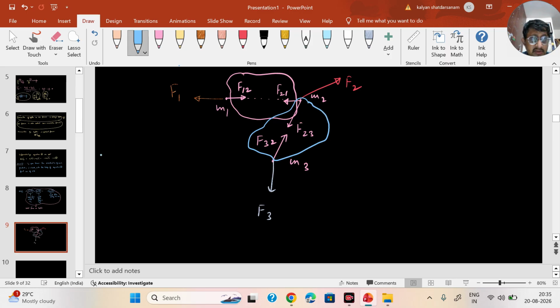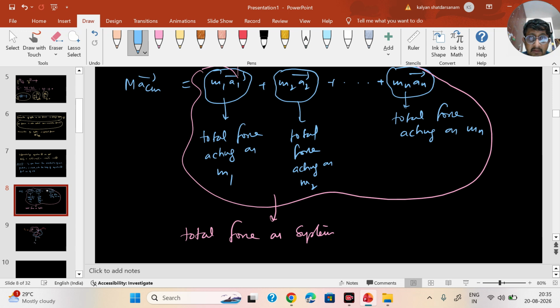So what I am trying to say, when you write total force on M1, it also includes force on M1 due to M2, M3, M4, and so on. Similarly, when I write total force on M2, it also includes force on M2 due to M1, M3, M4, M5, and so on. Similarly, when I write total force on Mn, it also includes force on Mn due to M1, M2, M3, M4 up to Mn minus 1.